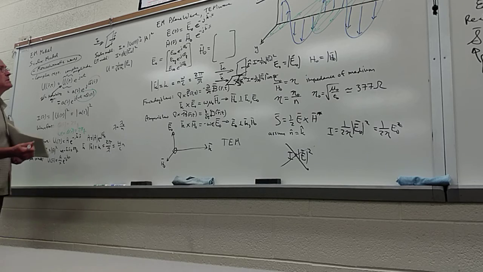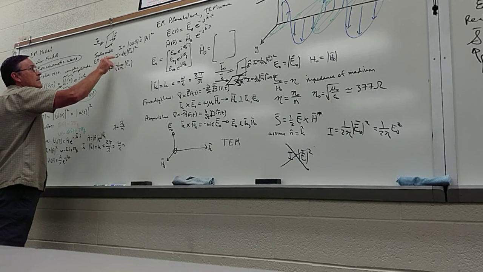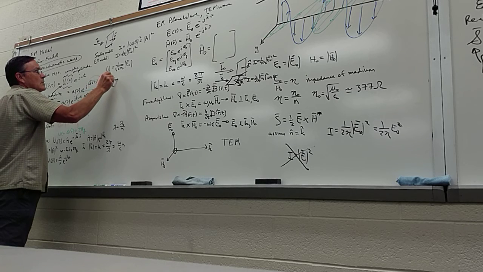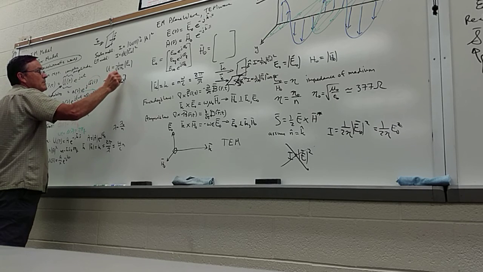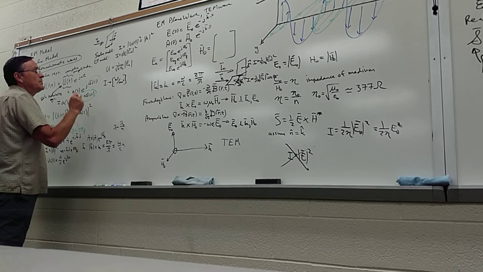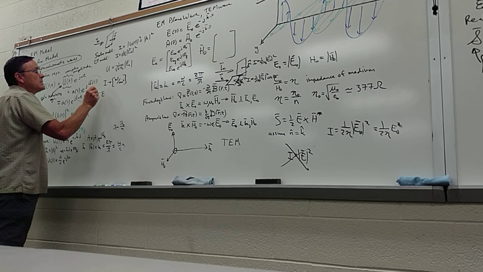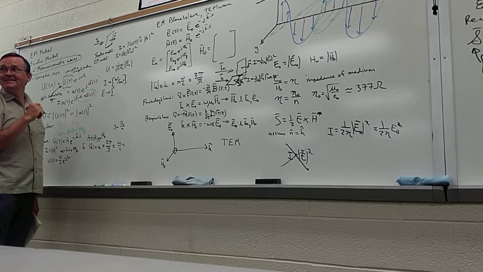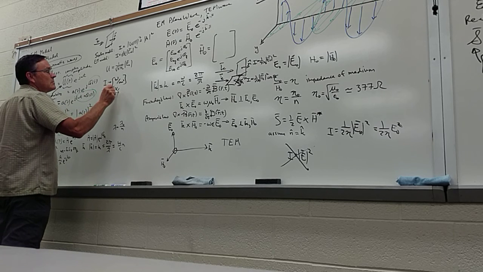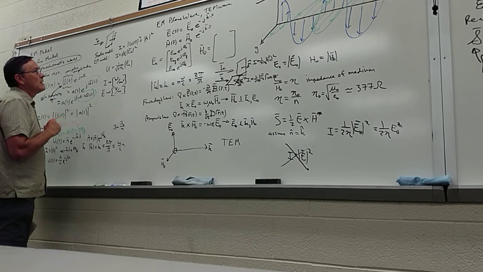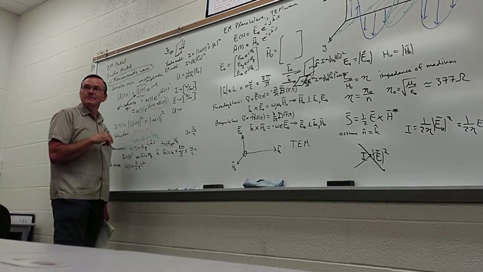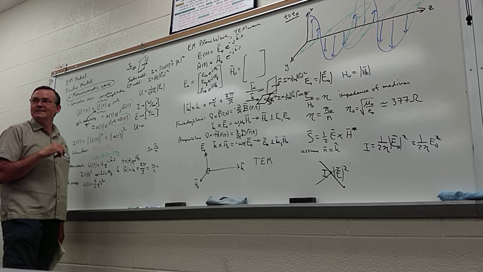Now, what are the units of this irradiance? Yeah, watts per centimeter squared. And the electric field, what are the units? Volts per meter. Okay, so the scalar field, what are its units?